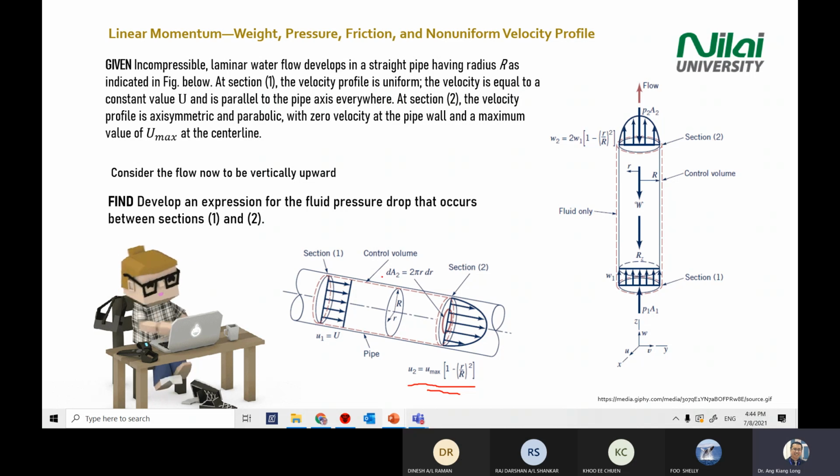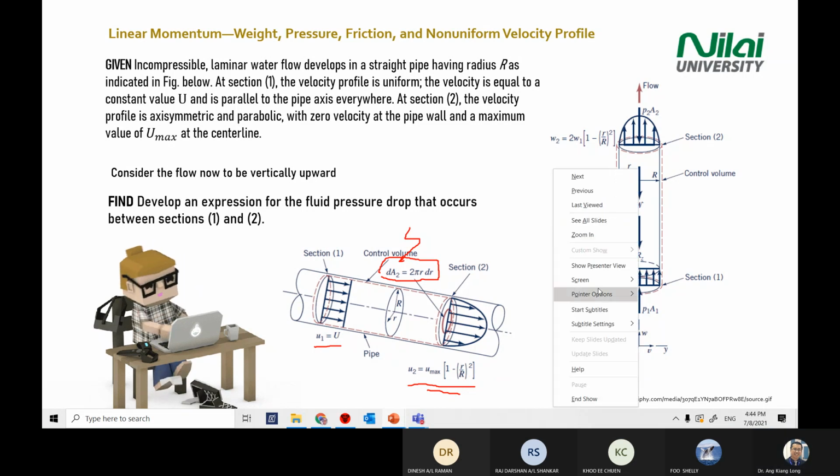I also explained what dA is, how you calculate the area by using 2 pi r dr in the previous lecture. So you can find the area by using this equation. Your velocity at point 1, or your inlet, is U, capital U. Your velocity at point 2 is defined by this equation, U max times 1 minus (r divided by R) squared.